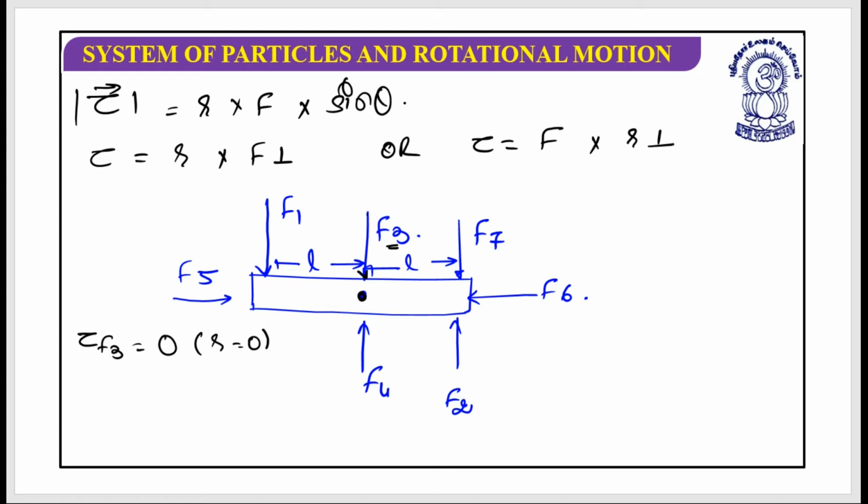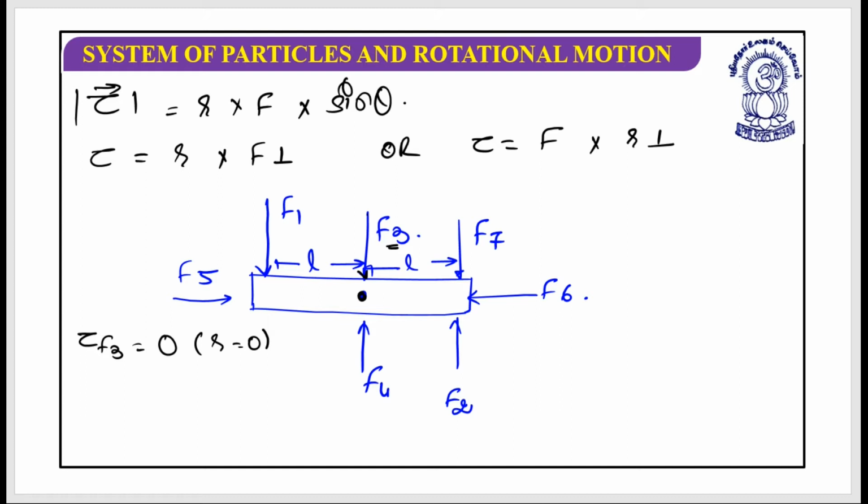One more thing: always think about whether my force is capable of rotating the body. Please listen to this and understand this very carefully. We are applying a torque to rotate a body, not to move a body. To move a body, we have a force. Here we are interested in the rotation of a body, not in its translatory motion.